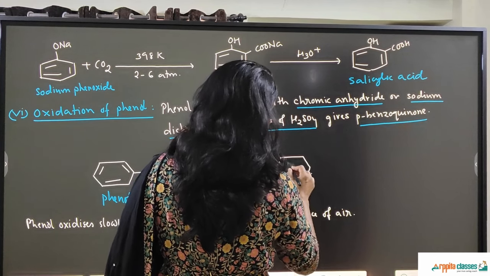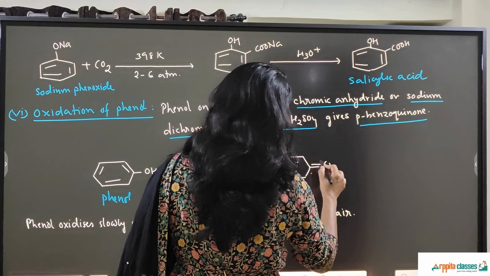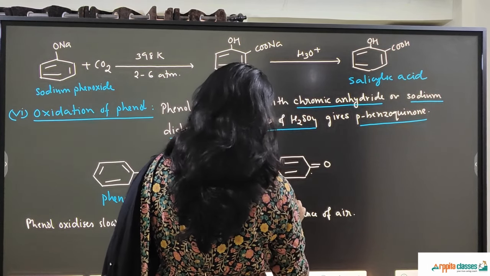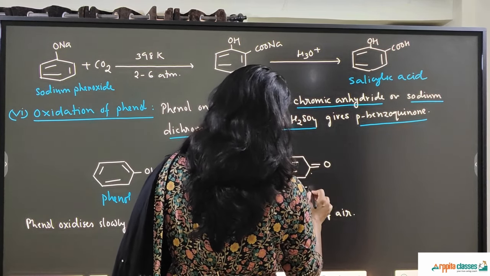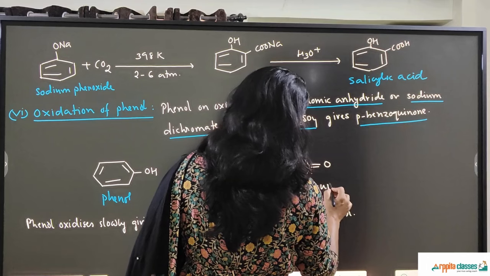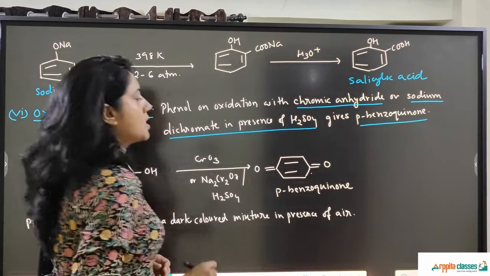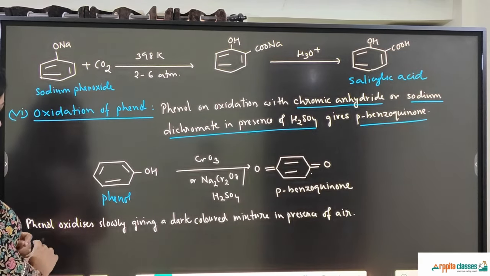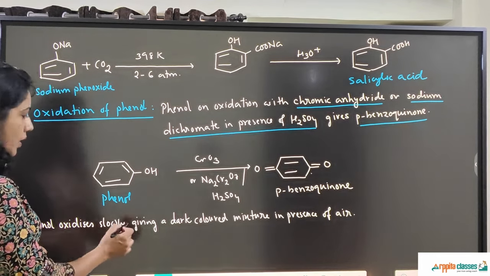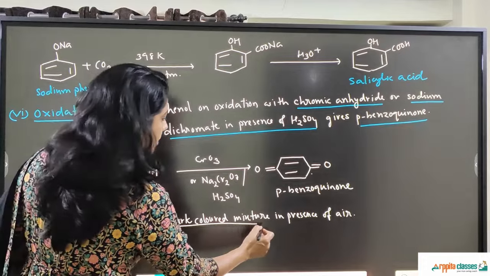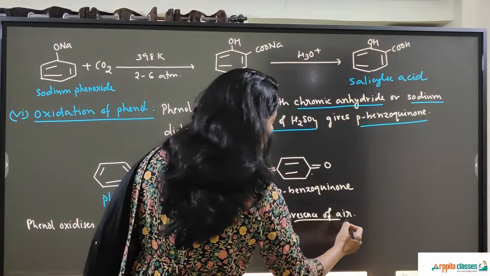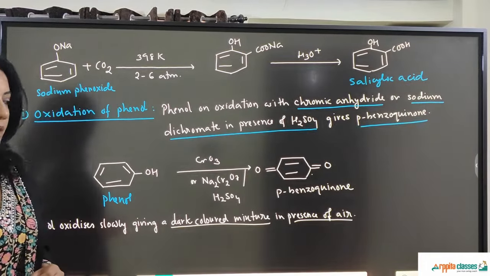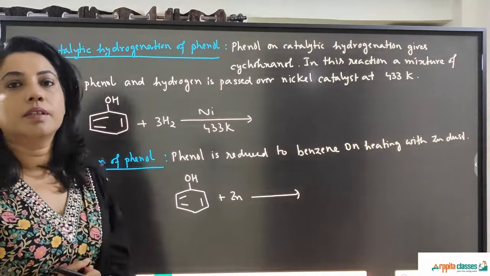This is para-benzoquinone, with double bond O. So this is the oxidized product. Also we need to know that phenol oxidizes slowly, giving a dark colored mixture in presence of air.